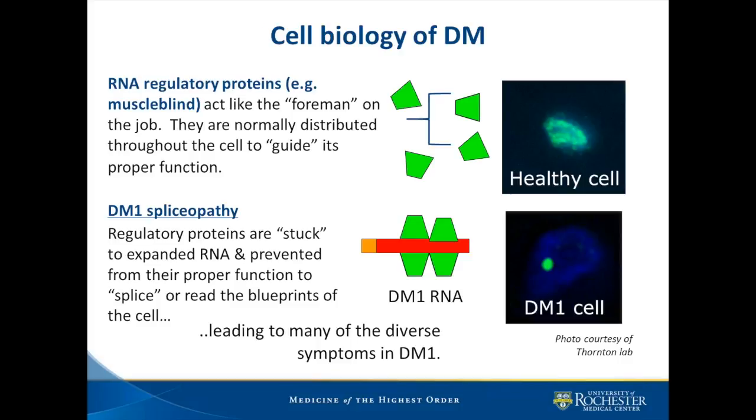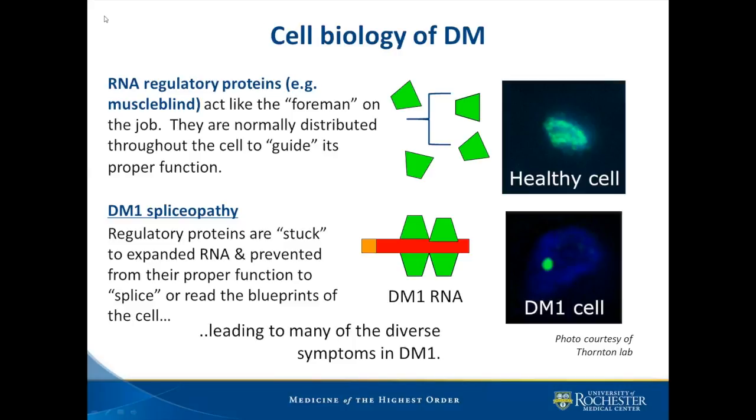After the DNA is read, the RNA that results is abnormally expanded because of the mutation, and it changes the way the nuclei inside the muscle cells and other cells in the body behave.